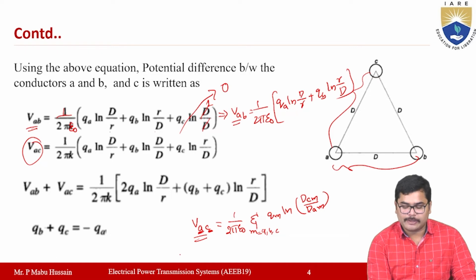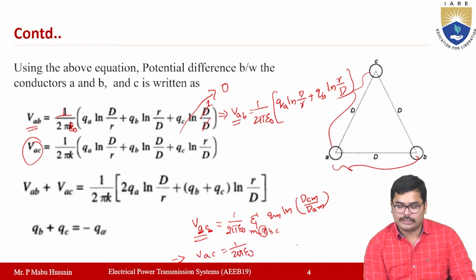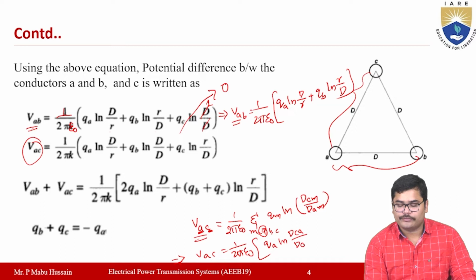Now if you expand this, how will you get it? VAC is equal to 1 by 2 pi epsilon naught. If you substitute M equal to A, then QA ln DCA by DAA.